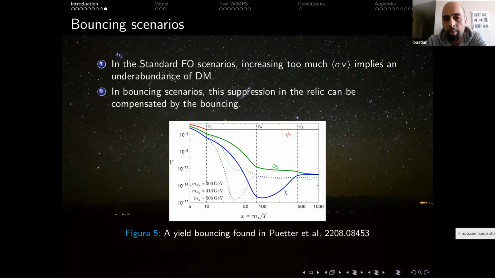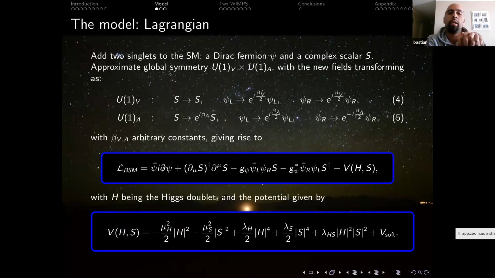So let's go with the scenario. Antonio, can you go to the next, please? The scenario is relatively simple: we introduce two new fields to the standard model, a fermion psi and a complex scalar S, both gauge singlets.